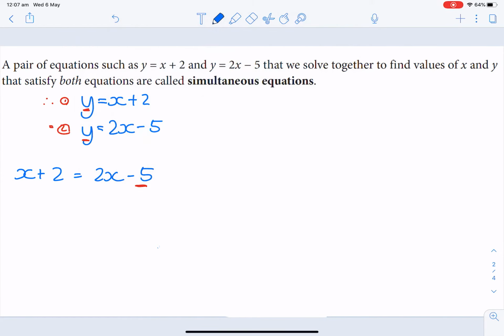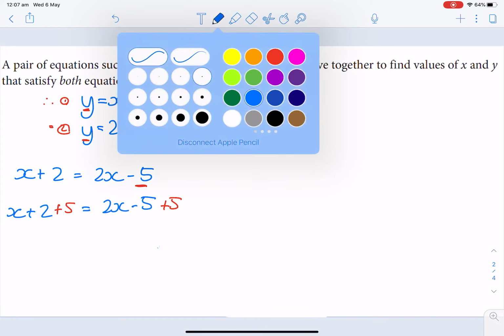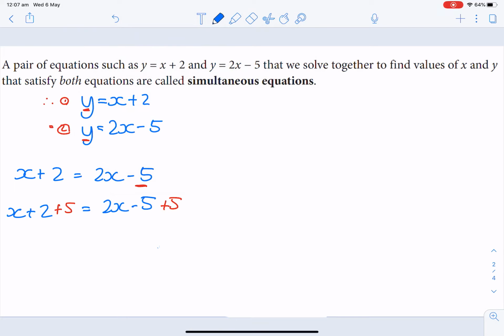In order to get rid of him, I need to add 5 to both sides. So, x plus 2 equals 2x minus 5, and I add 5 to both sides. So I add 5 and I add 5. That gets rid of the 5 on one side and moves him to the other side.